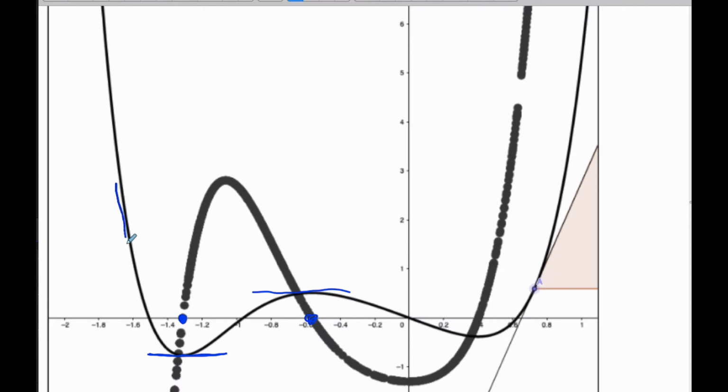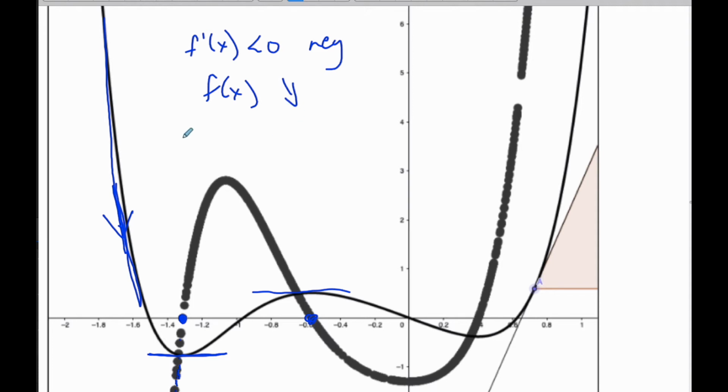These slopes here were negative, which refers to the values of the derivative function being negative. Now if you look at the graph, f of x is decreasing. So if my derivative is less than 0, that means negative, then I know that the function itself is decreasing. If my derivative equals 0, then we know there's either a minimum or a maximum.